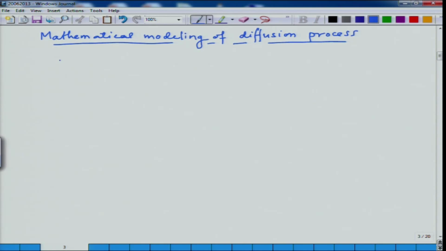In general, the material has all 3 dimensions, and we will take an example where the concentration gradient is only in one direction.